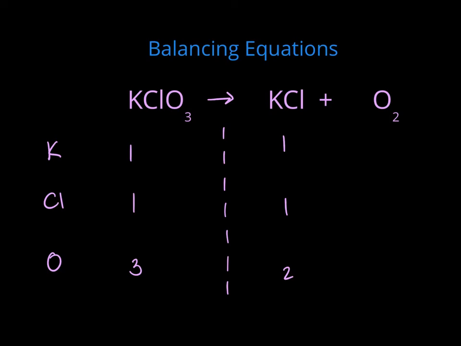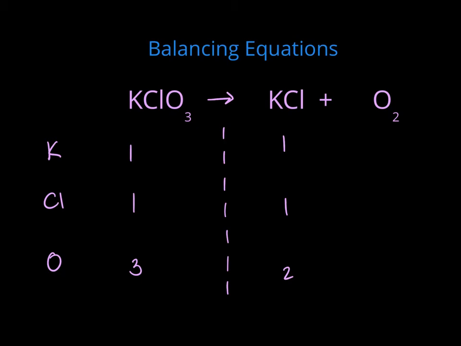So that's why we have to bring in our very last tip and trick on our list, the fraction method. So notice that our first tip and trick says that our coefficients must be in the lowest whole number possible. So ultimately our coefficients need to be in whole numbers, but we can use a temporary fraction to help us get to where we need to go.